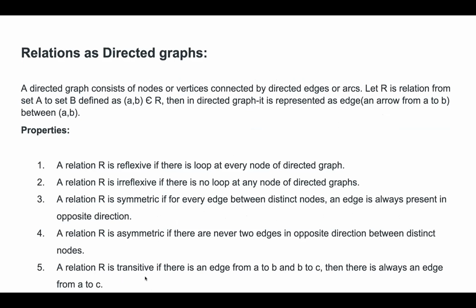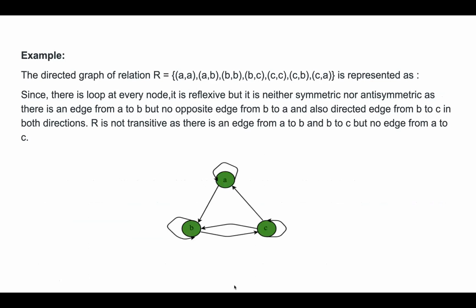Then a relation R is transitive if there is an edge from A to B and B to C, then there is always an edge from A to C. A to B is there. B to C is also there. And now what we can see is that A to B, B to C, so is A to C there?